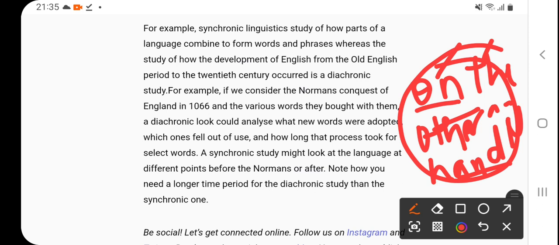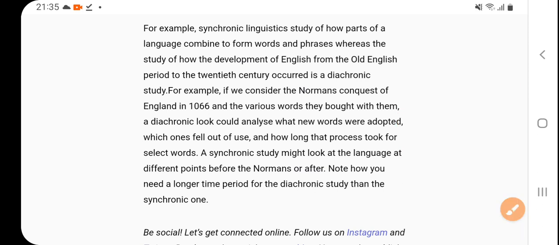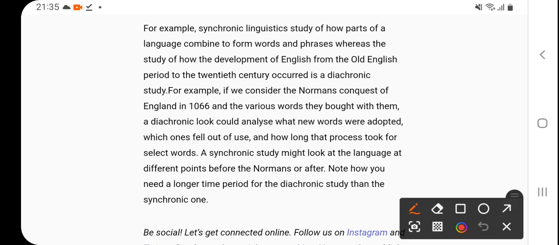This is the study of how parts of speech combine to form phrases.